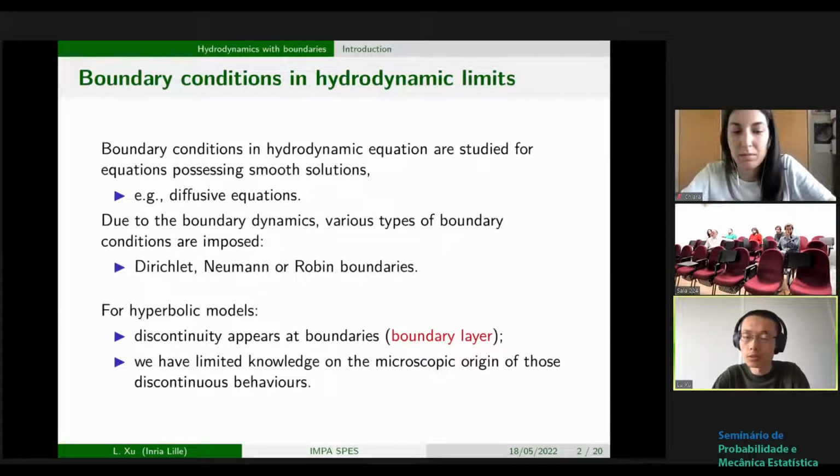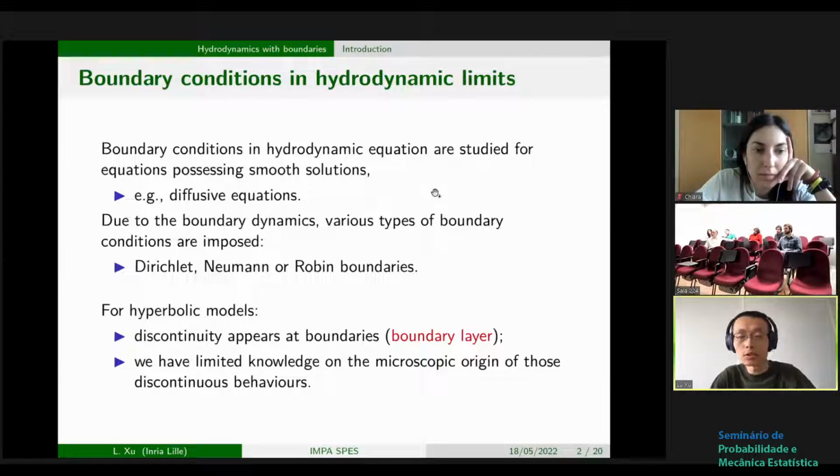Suppose we have a microscopic dynamics that is attached to the outside world, so that particles or energy can come in or come out from the outside world. Then this kind of dynamics will have some boundary conditions in the macroscopic equation.